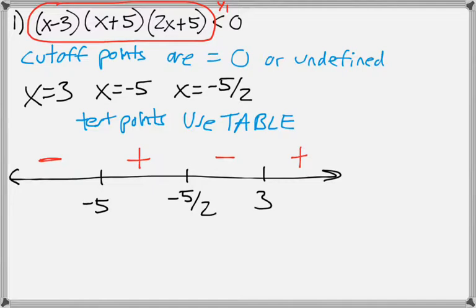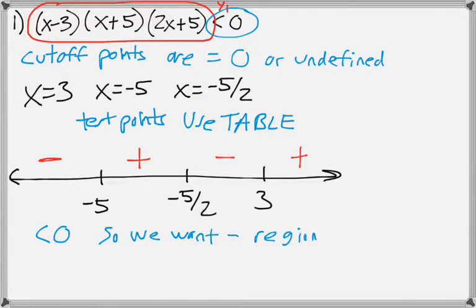If you look back at the original question, we're looking for where it's less than 0. Less than 0 means negative. So we want the negative regions. My answer would be this region and this region.